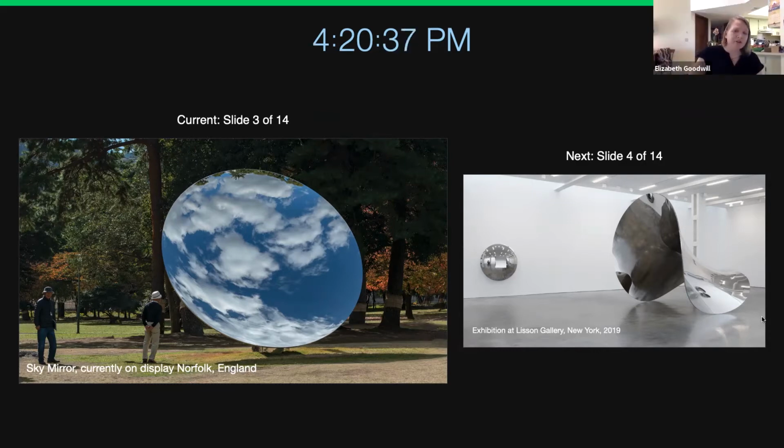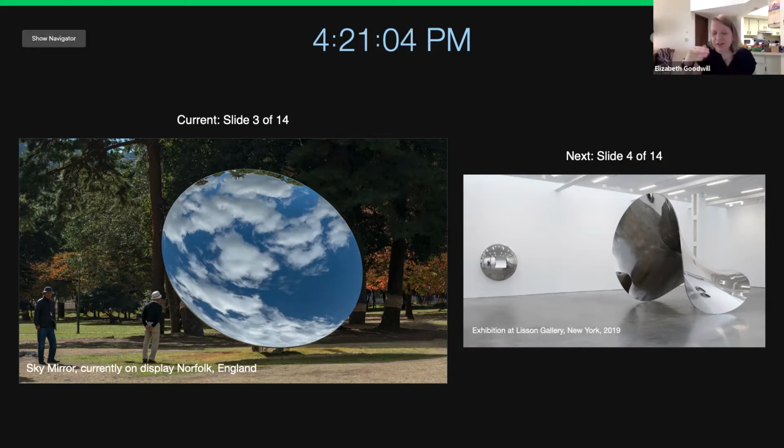It is made out of polished steel and worth about £9 million. Wow. A lot of money. But the London studio that you saw, this was not fabricated there. This was actually fabricated in Finland. That's very cool, isn't it? Yeah.